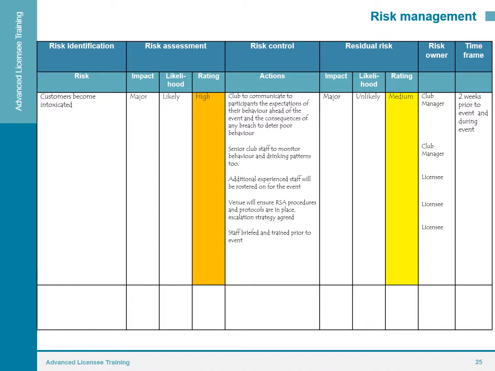Here's that completed risk register again. You can see that we've identified the risk as the customer is becoming intoxicated. We have the impact as major. We have the likelihood is likely, giving us a rating of high. We've got some actions that we've determined will help us to reduce the chance of people becoming intoxicated.